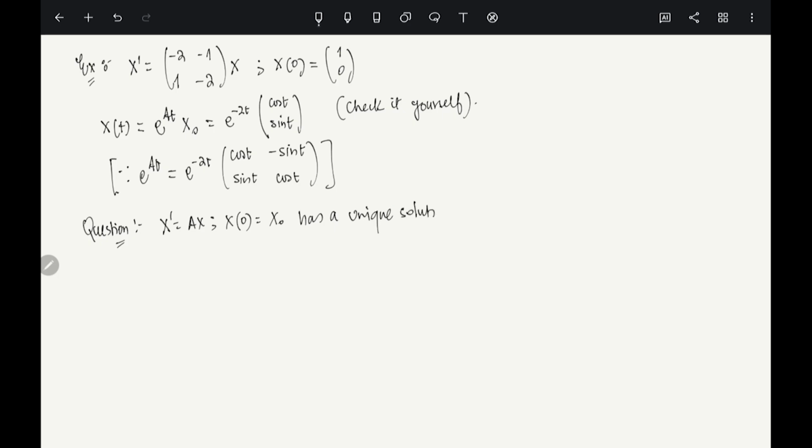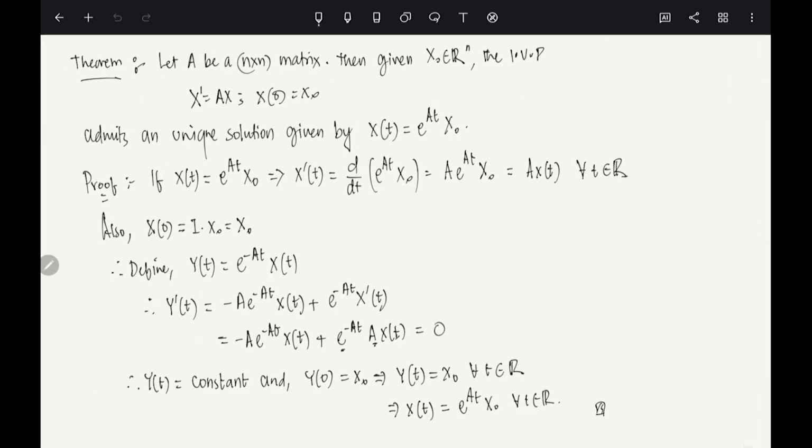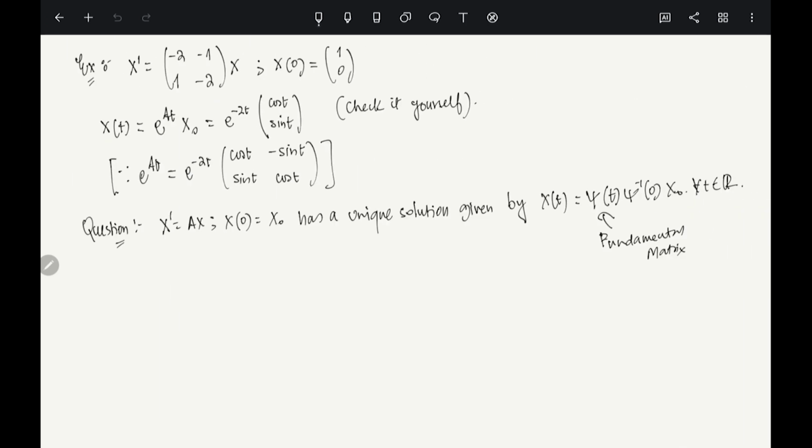The solution is x of t equals phi of t, fundamental matrix phi of t, times phi inverse of 0 times x naught, right? That we know. Okay, so phi is a fundamental matrix, and you can show that this holds for all t in R. But again, this theorem says that x prime equals Ax, x(0) equals x naught has this unique solution e^{At} times x naught. Okay, so is there a relation?